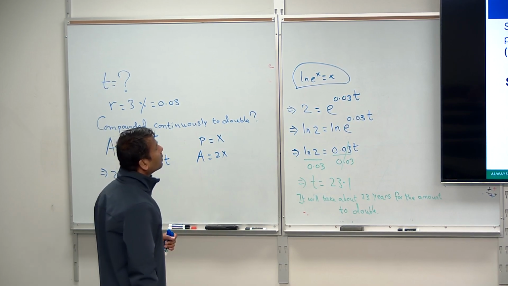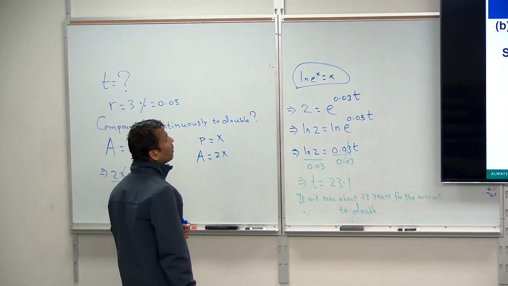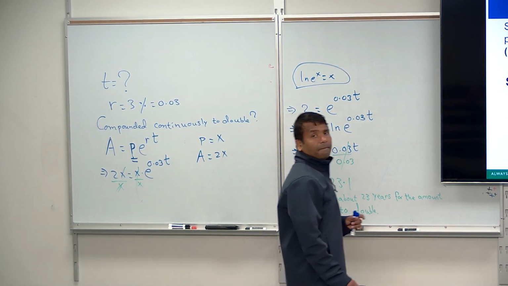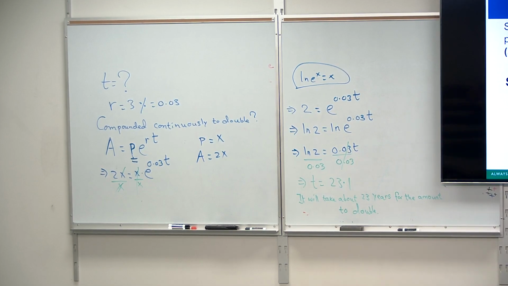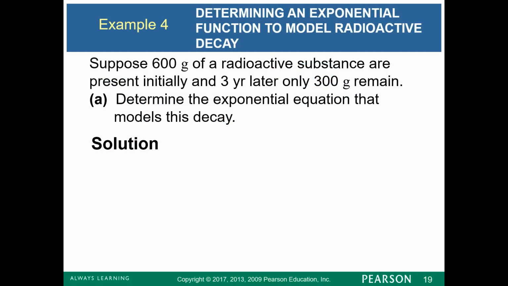Now look here. So suppose 600 gram of radioactive substance are present initially, and 3 years later only 300 gram remain.